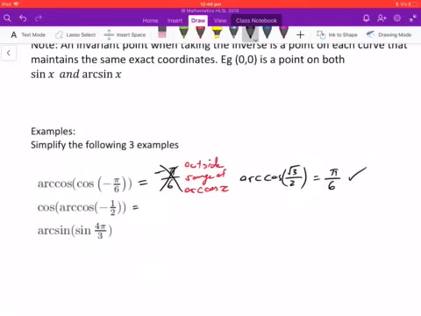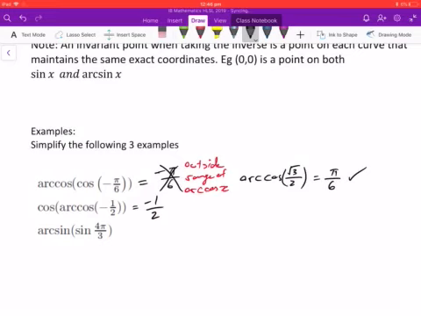What about this one? Again, cos arccos negative a half. Tempted to write negative a half. Now, in this case, we can do that because cos is a curve that has no restrictions on its domain or range. The range goes from -1 to 1, so I can simply write negative a half.